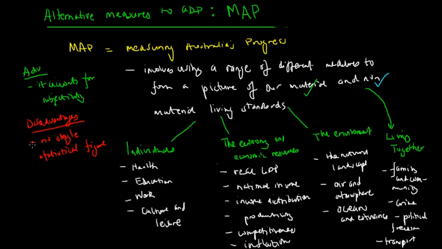So unlike GPI or GDP, there is no single figure that combines the many dimensions of living standards, and this can be less appealing to some.